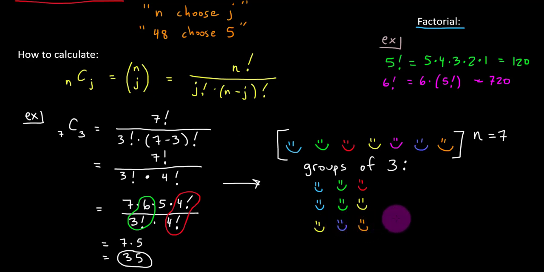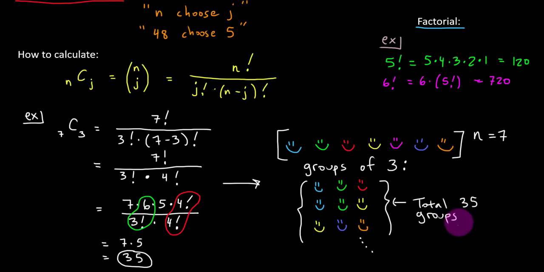That would be another group. And so on and so on. So here I have identified 3 of these possible groups of 3, but there would be a total of 35 groups, or I should say combinations of 3 possible.